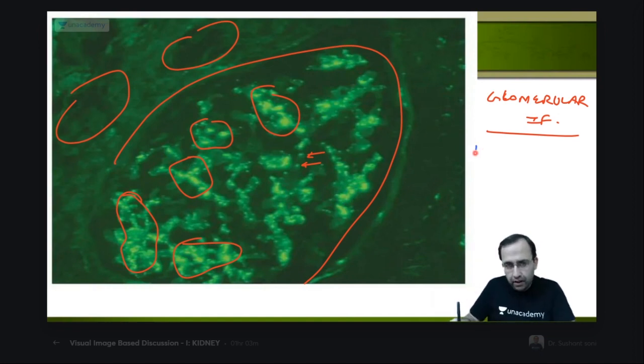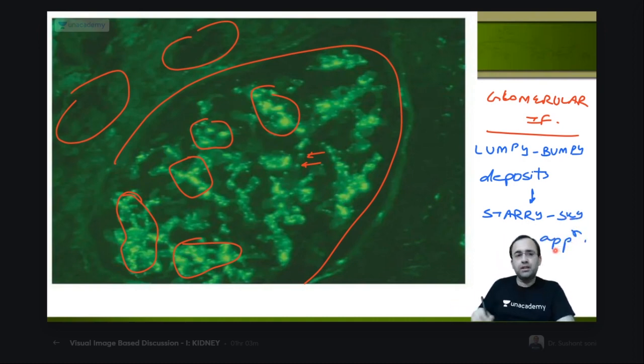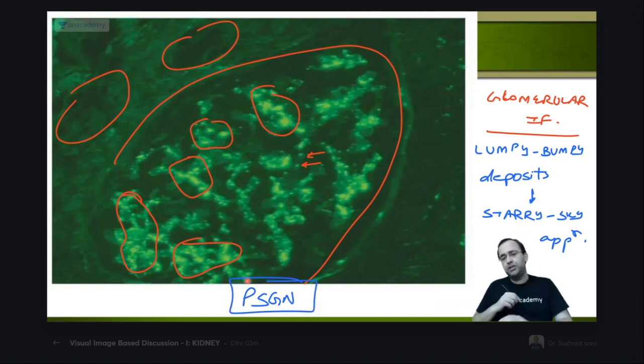Lumpy, bumpy aggregates, giving it the classical starry sky appearance seen in PSGN, post-streptococcal glomerulonephritis.